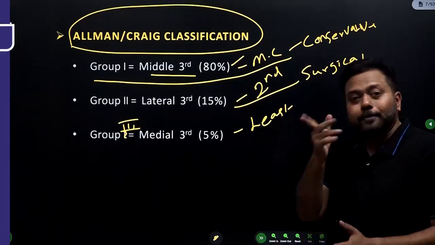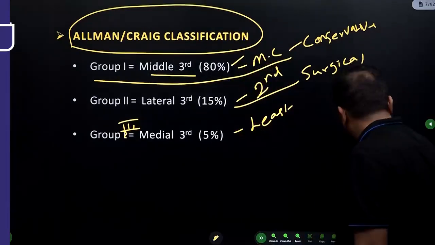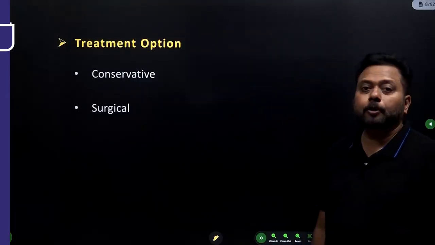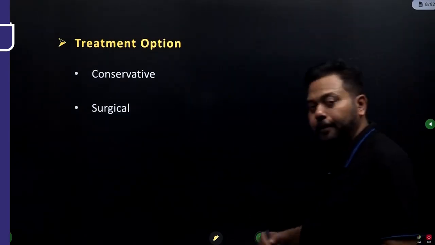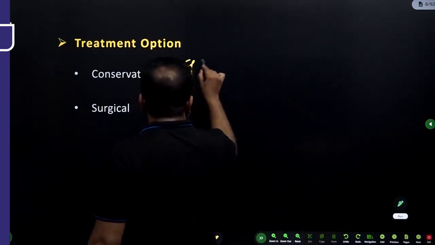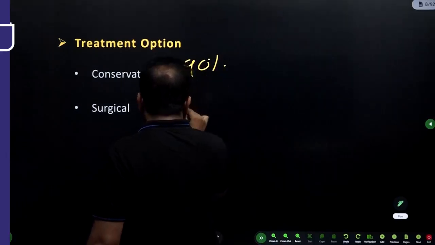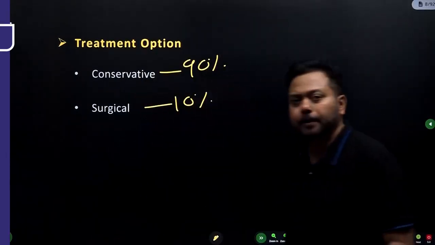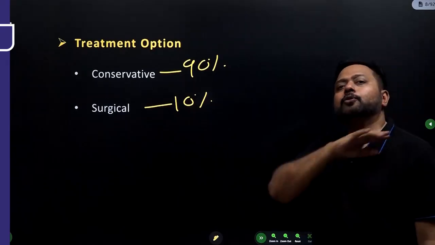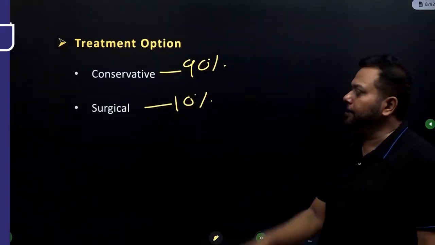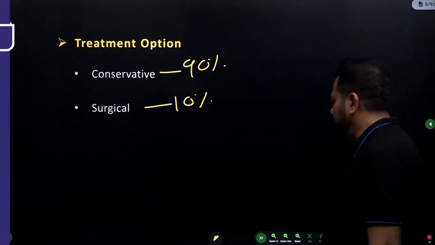They may ask you what's the best management, which we should confidently answer. Now coming to treatment options. Conservative treatment: 90% of fracture clavicle is treated conservatively. Only 10% needs surgery. All cases of fracture clavicle we will not do surgery. Only 10% needs surgery. 90% needs conservative management.